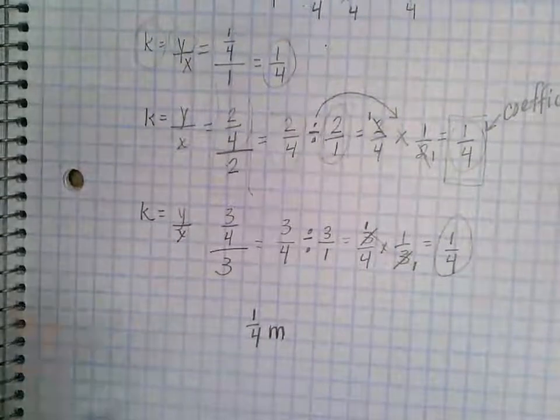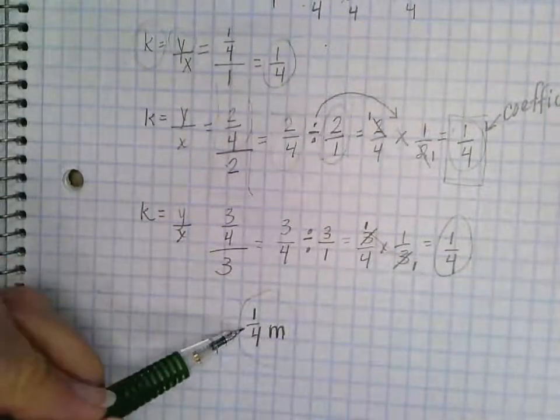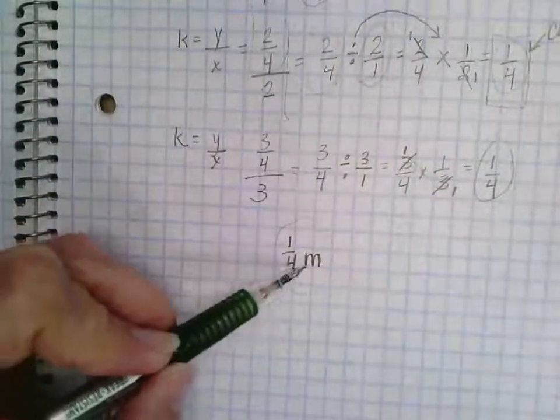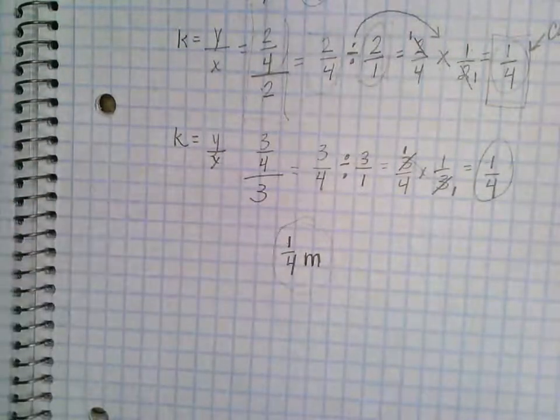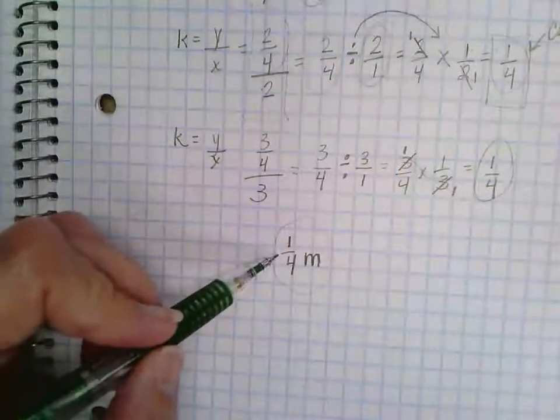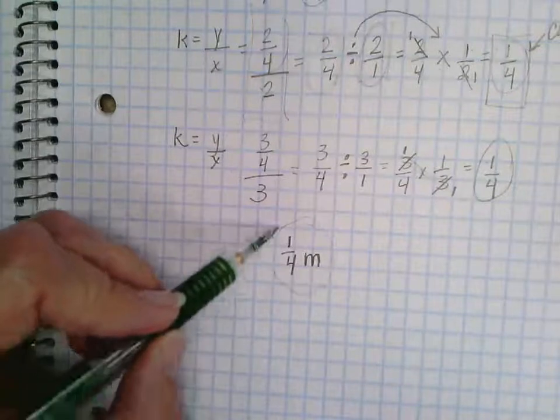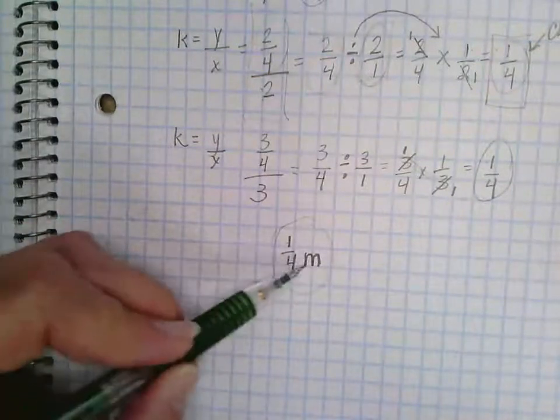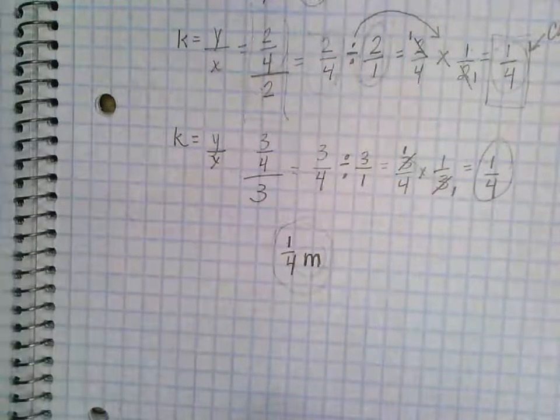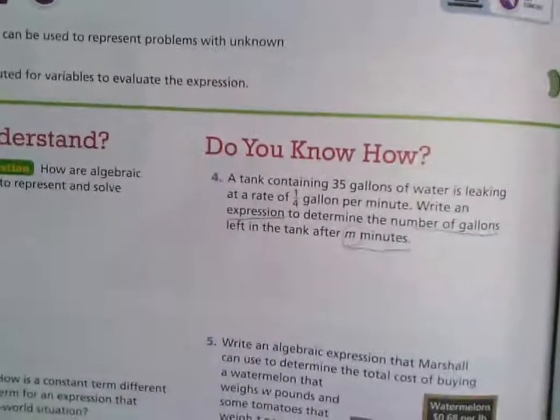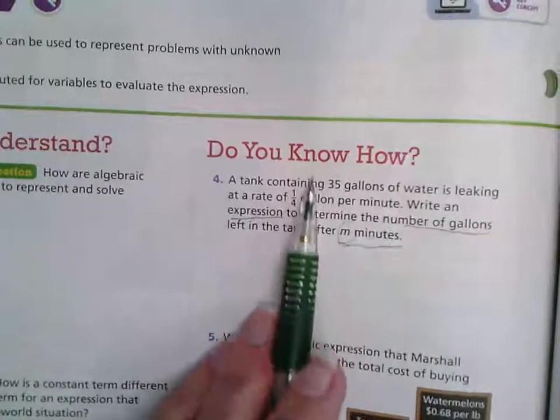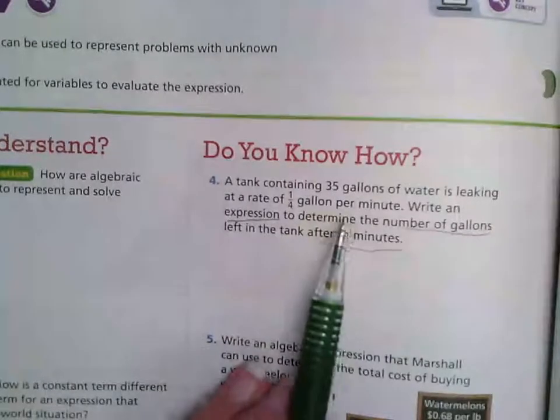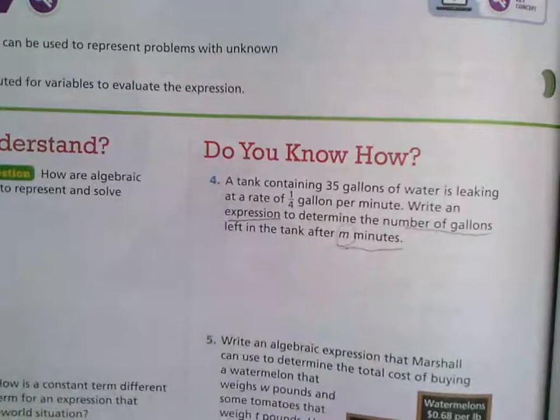I can figure out how many gallons are leaking out of this particular tank by just taking 1/4 times the number of minutes that it's been leaking. My question, however, wants to know how many gallons are left in the tank after a certain number of minutes. Well, I have to go back and find out how much was originally there. Originally, there were 35 gallons of water in the tank before it started leaking.